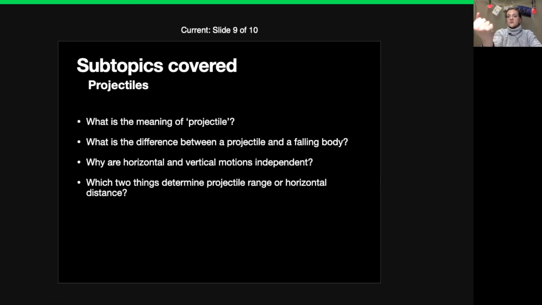It's pulling the object back down to the earth, but the object is still moving because of the energy that the person or the object had before it started moving, or before we started measuring it. Therefore, the horizontal and the vertical motions are independent of each other, but both need to be calculated for accuracy. Which two things determine projectile range, or horizontal distance?